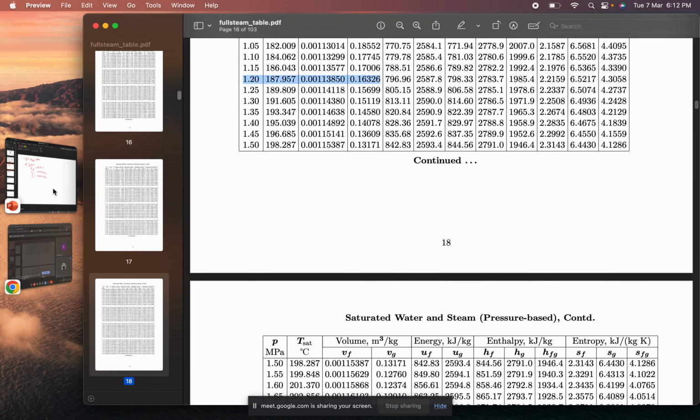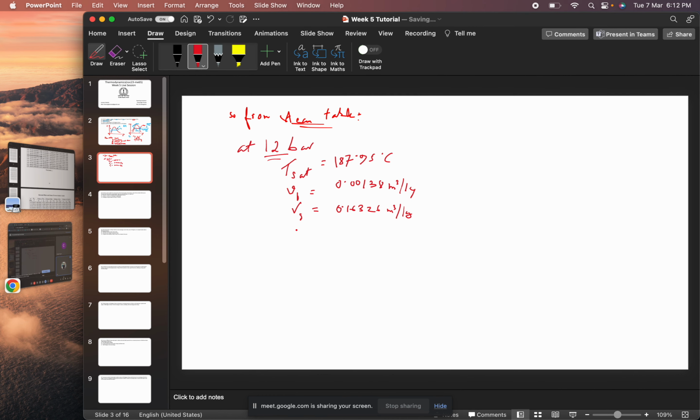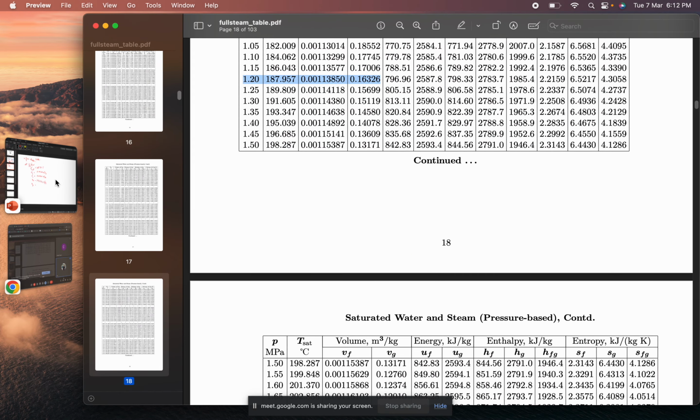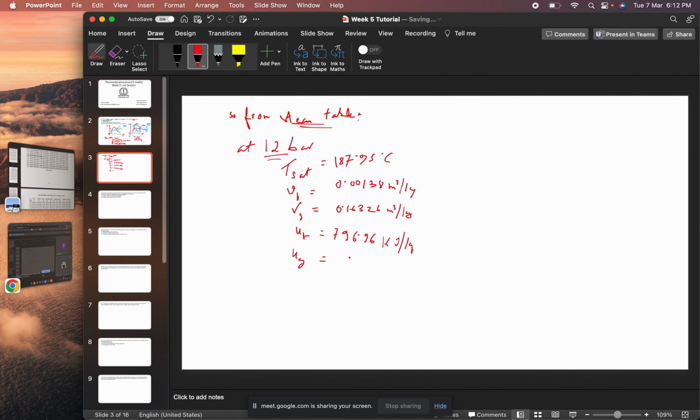Then your uf is 796.96 kilojoule per kg. Your ug is 2587.8 kilojoule per kg.